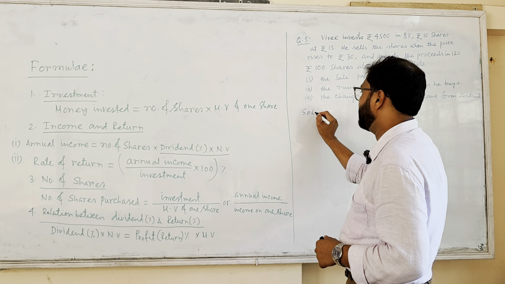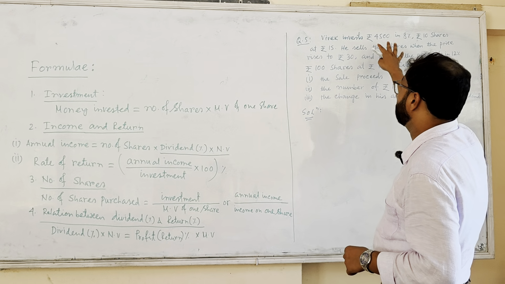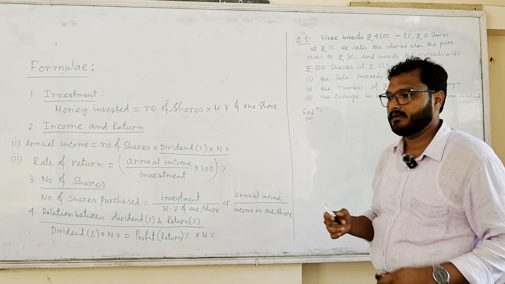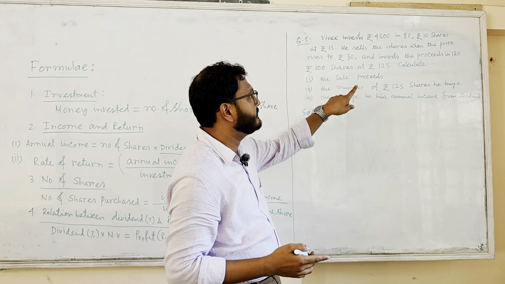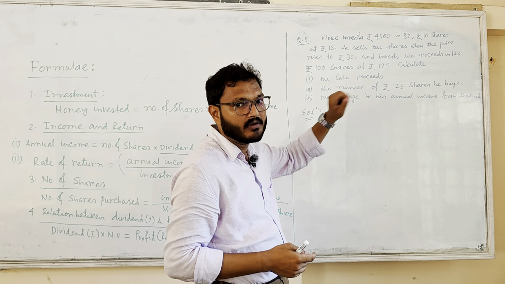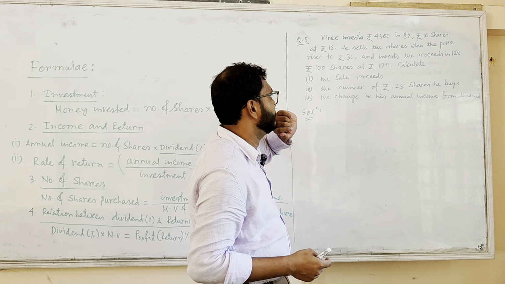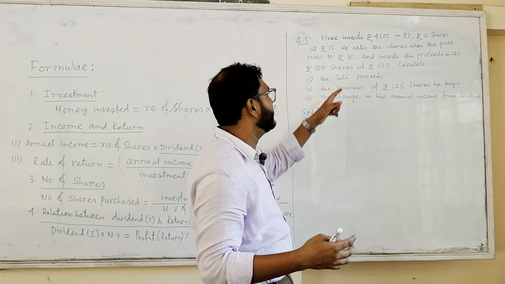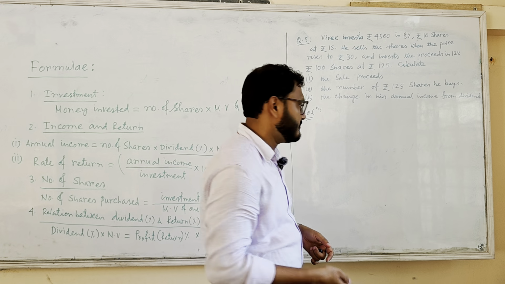So what does it mean? We'll understand first. First of all, Vivek invests. So first investment. He first invested 4,500 in 8% shares whose nominal value is 10 rupees and market value is 15 rupees. Then he sells them at rupees 30. So we have to find how many shares he bought.